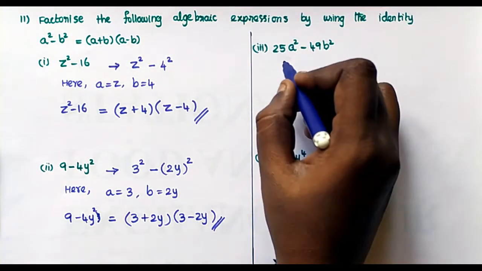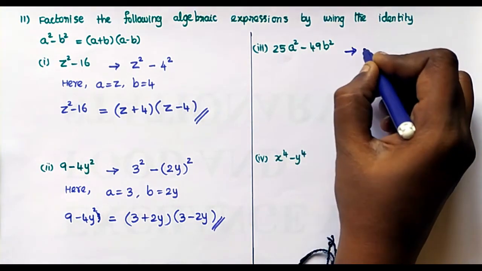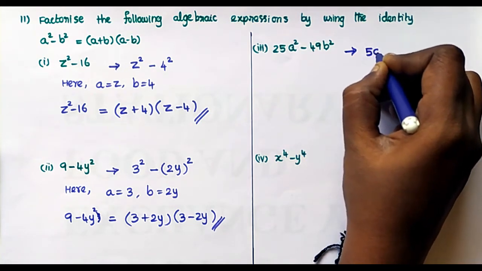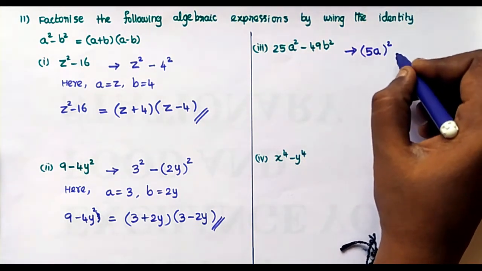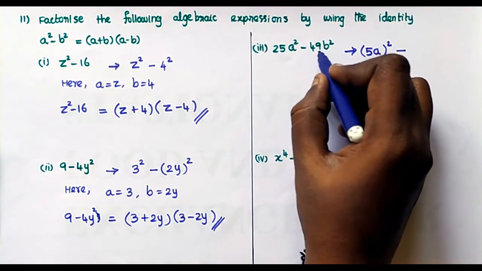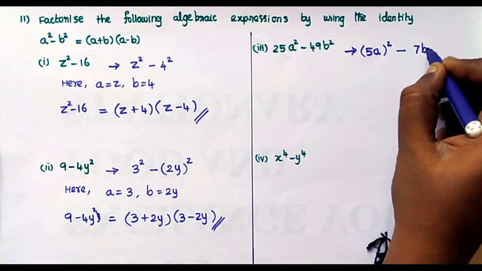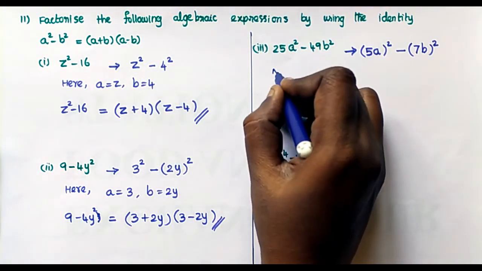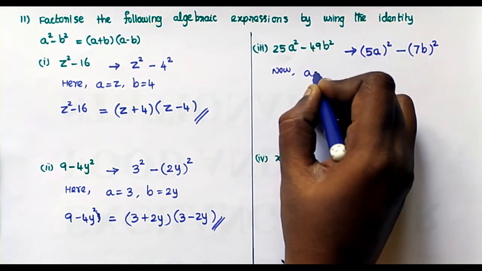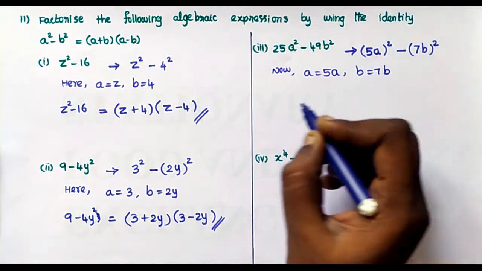Next one, listen, 25a squared. How will you write that? 5a whole squared minus 49, that is 7 squared, no? Then b squared, so 7b whole squared. Now a equal to 5a, b equal to 7b.